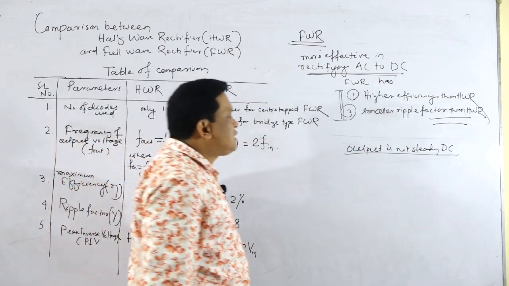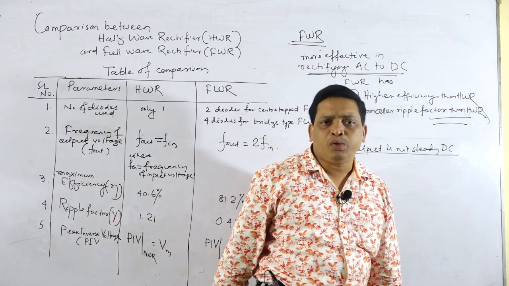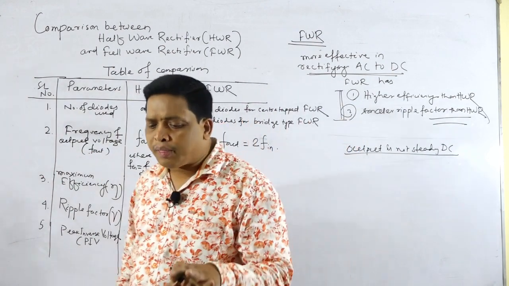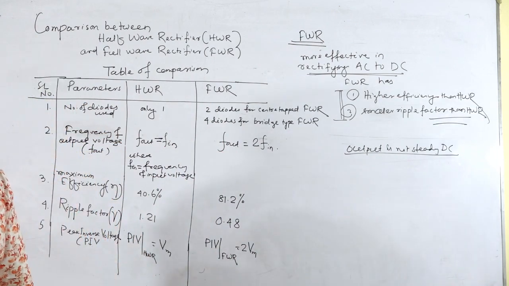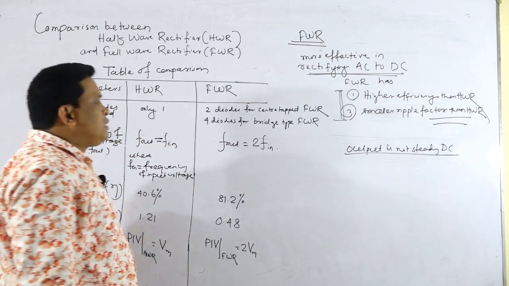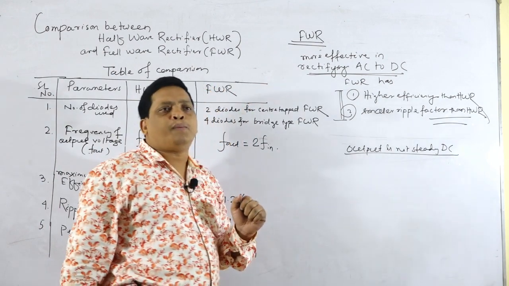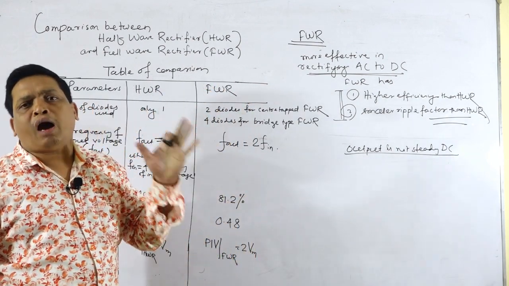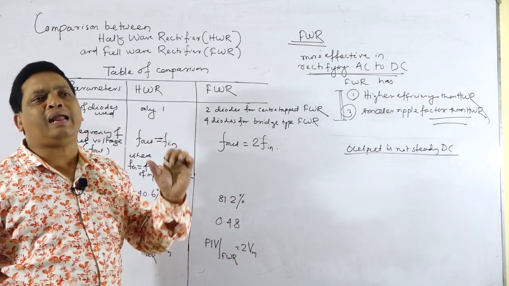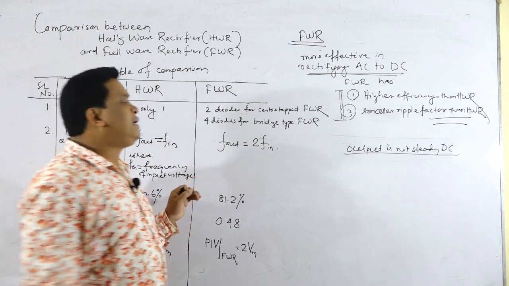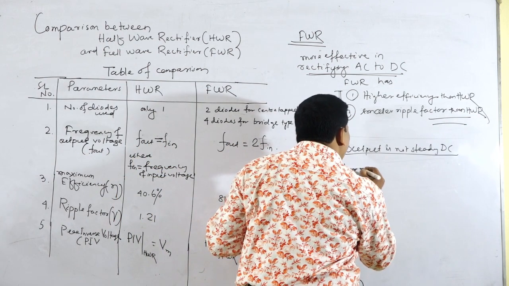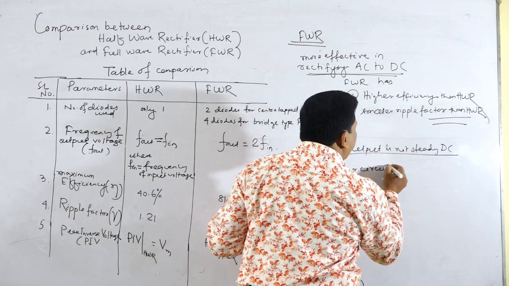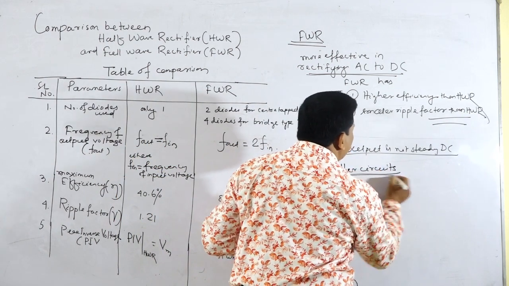Because still some AC components, which we call ripples, are present at the output of the rectifier circuit. These ripples or AC components present at the output of the rectifier circuit can be removed by taking help of filter circuits.